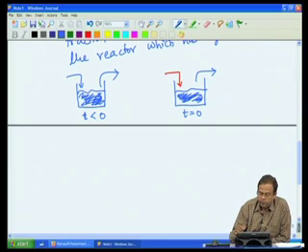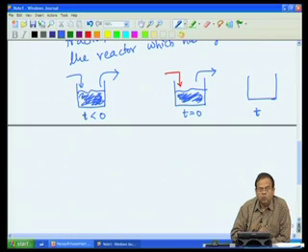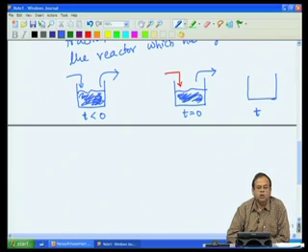I, let us say, start putting in this red color fluid. So, what will happen at some time greater than 0, that is, at some time after the startup of this red fluid?